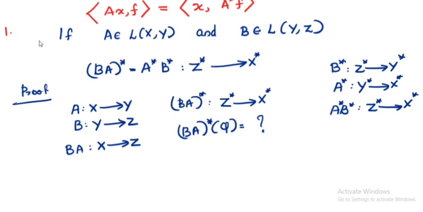By definition, A star phi of x for any x is equal to phi of Ax.